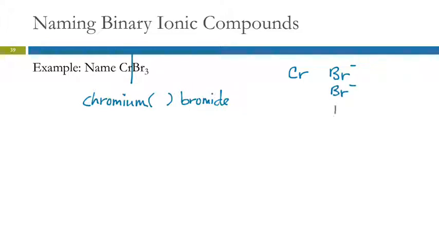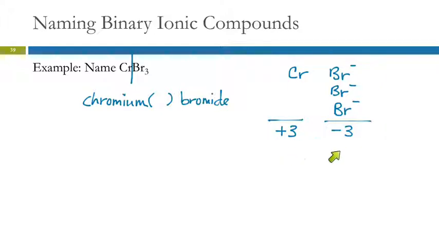There are 3 bromide ions because it says Br3. So I'm just going to draw 3 of them, each with their charge. I do not know what the charge on the chromium is, so I'm going to look at the total. I have a total of -3 from my anions. For this to be neutral, the total charge on all of the cations put together has to be +3, right?